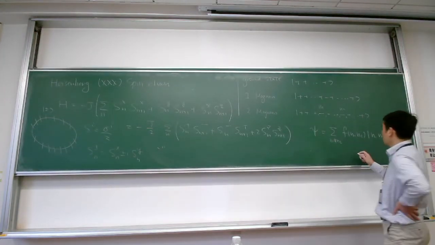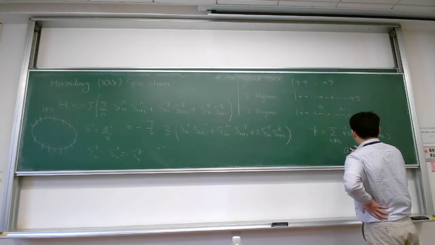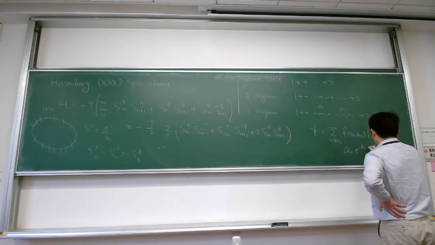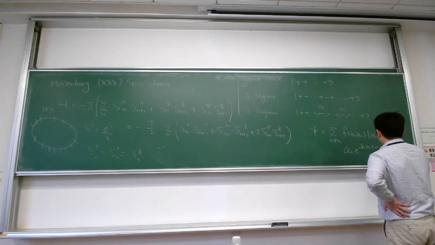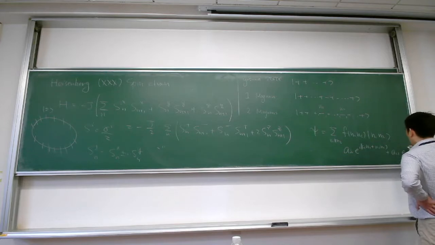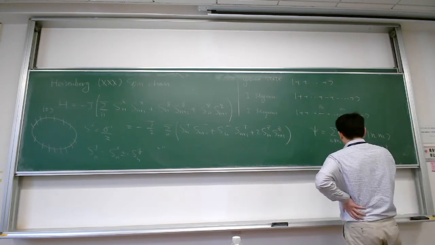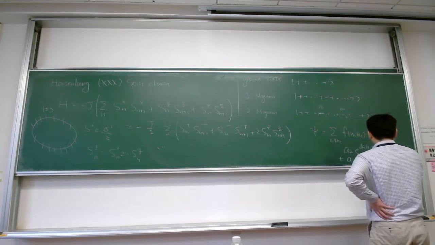So you have some amplitude a12 times e to the i (k1 n1 plus k2 n2), plus a21 times e to the i (k2 n1 plus k1 n2), where you just swap k1 and k2.